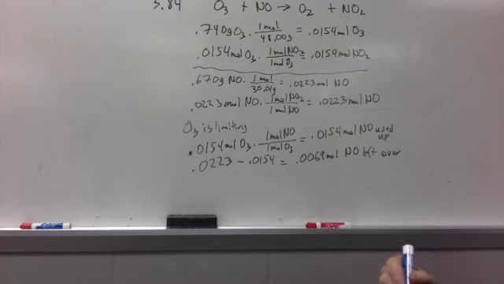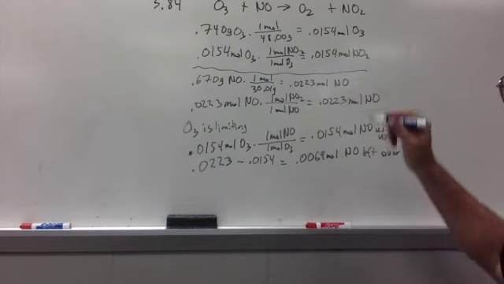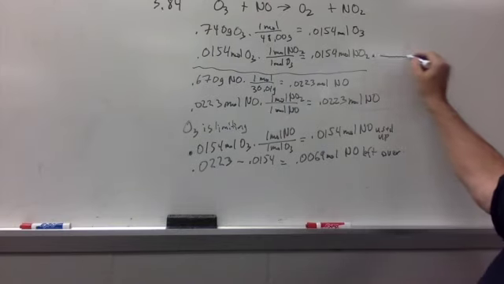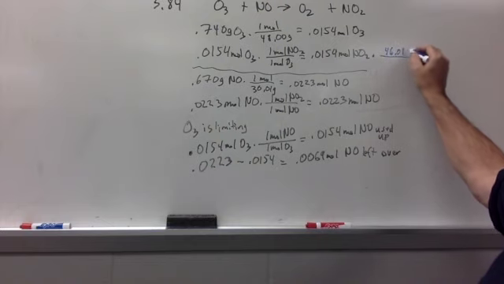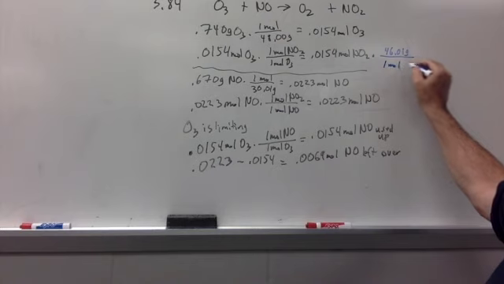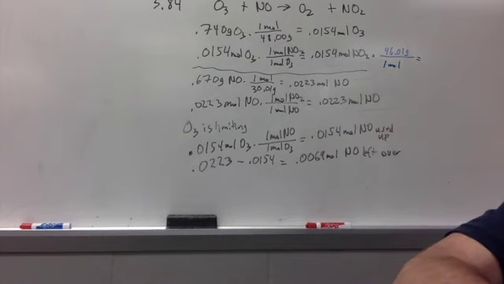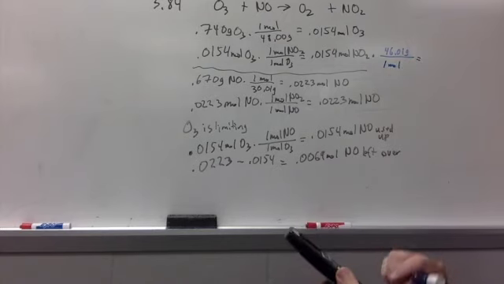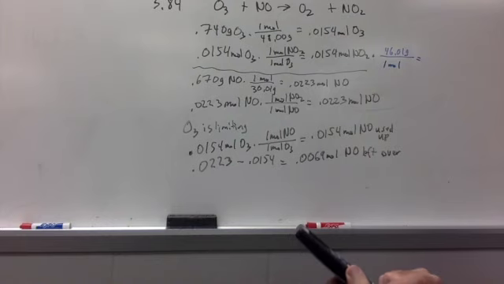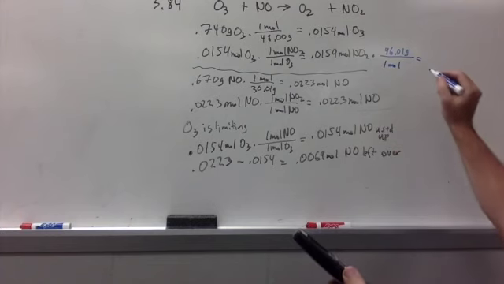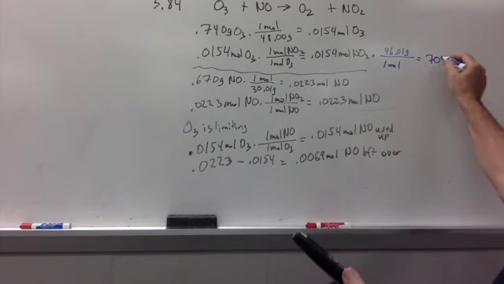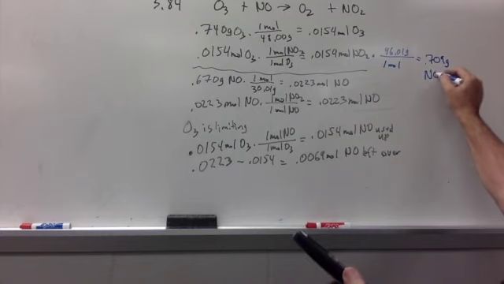I'm also supposed to change moles of NO2 to grams. So I'm going to take 46.01 grams over 1 mole and find that my 0.0154 times 46.01 is 0.709 grams NO2 are formed.